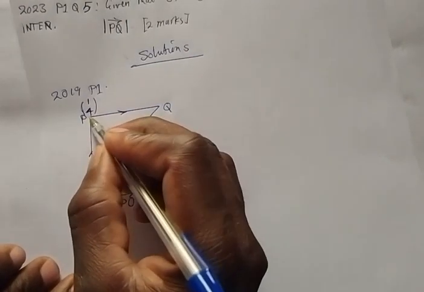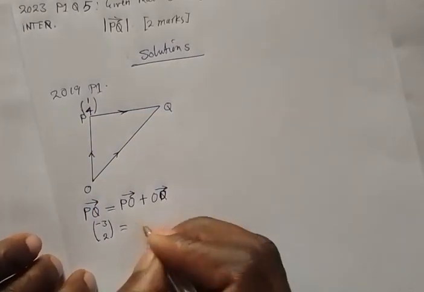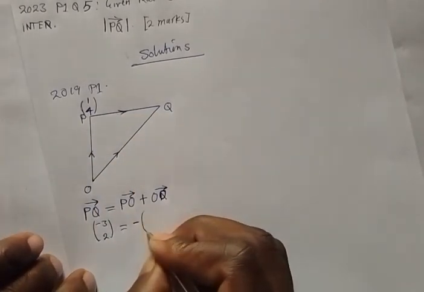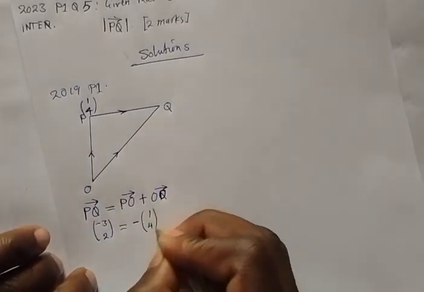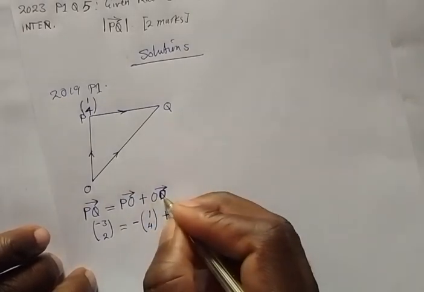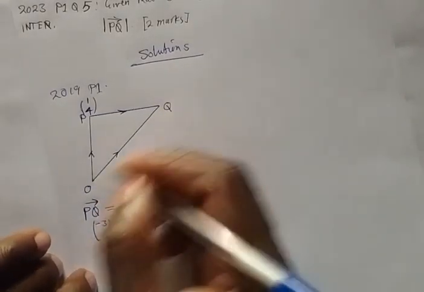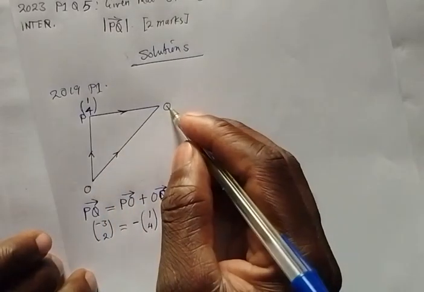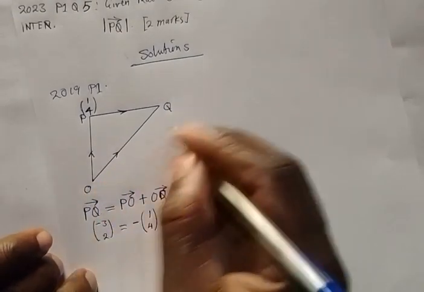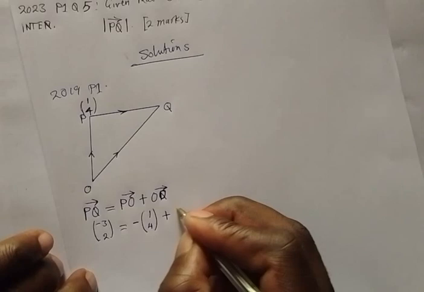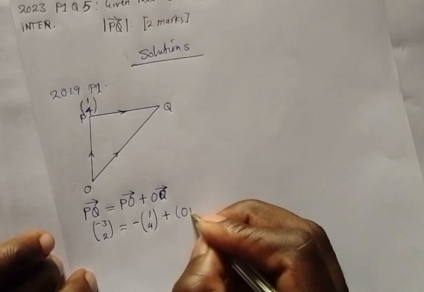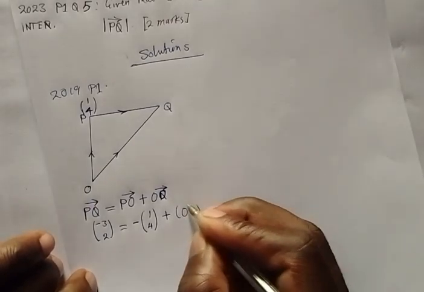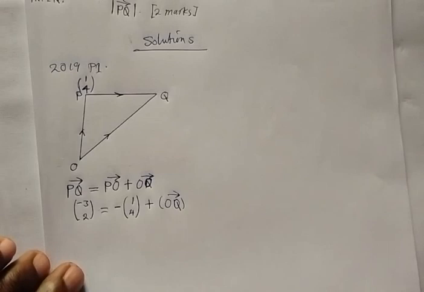From P to O, we are going in the opposite direction, so we use a negative: -(1, 4). Then plus OQ, in the same direction, but we are not given OQ. So this is the vector we are looking for.